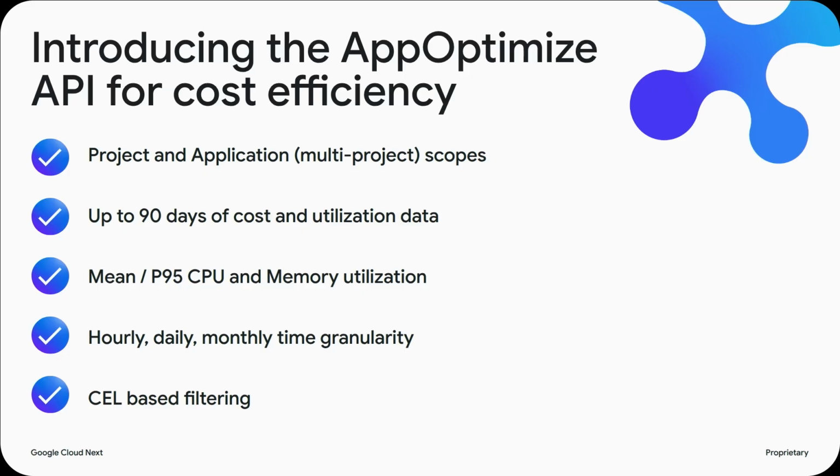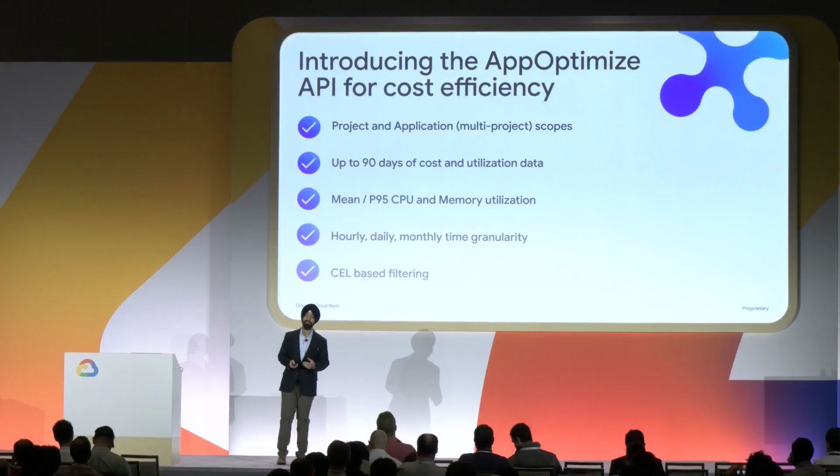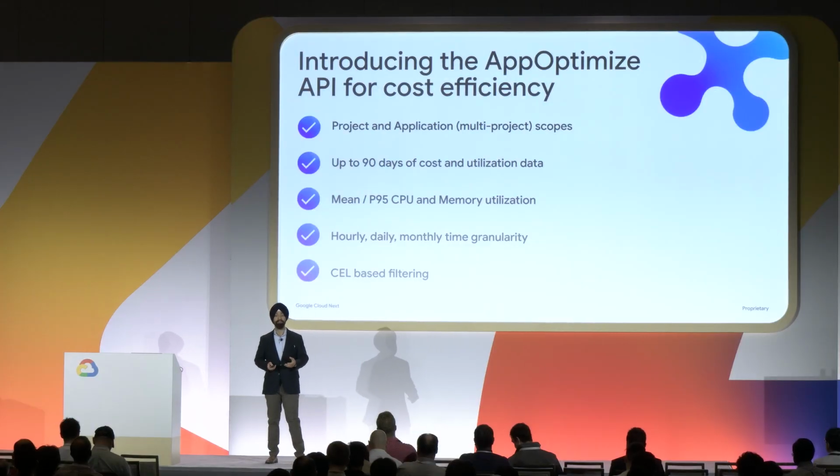So this is focused entirely at the project scope or the application scope, so you don't actually have to worry about all the other details that are happening in your organization. You can focus on the things that you're most interested in. With this API, you get a couple of features out of the box, including coverage for up to 90 days of data, depending on product coverage.